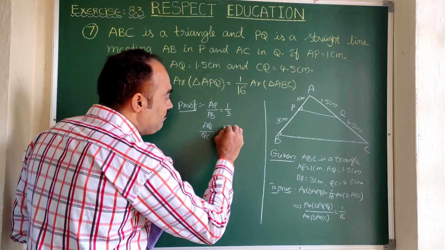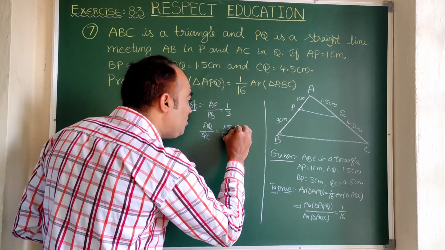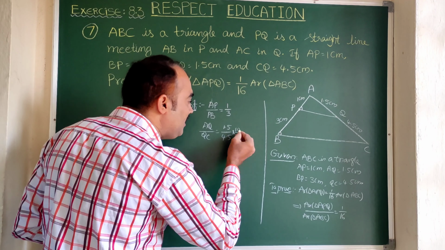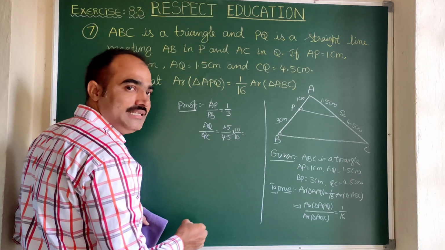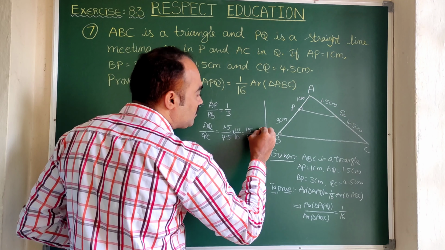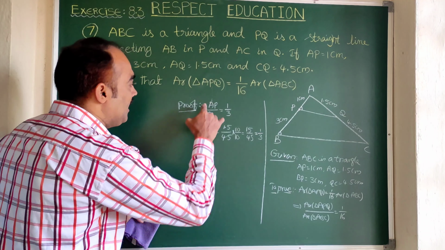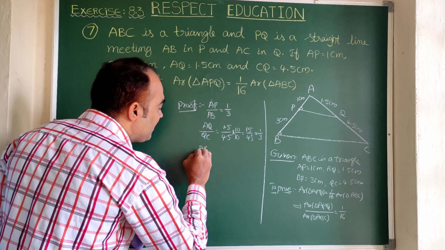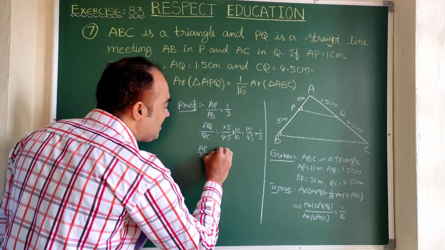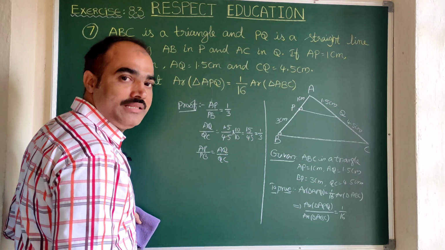Clearly, 1.5 threes are 4.5. If not, you multiply by 10 by 10 so that the decimals will be converted into integers. So this will be 15 by 45. Now also 15 ones are 15, 15 threes are 45. That means here you see AP by PB is equal to AQ by QC. Clear? Both the values are equal to 1 by 3.